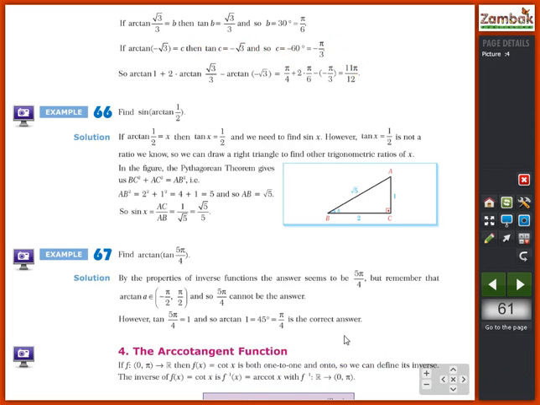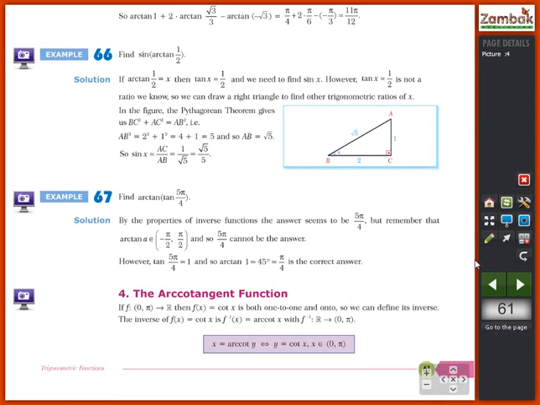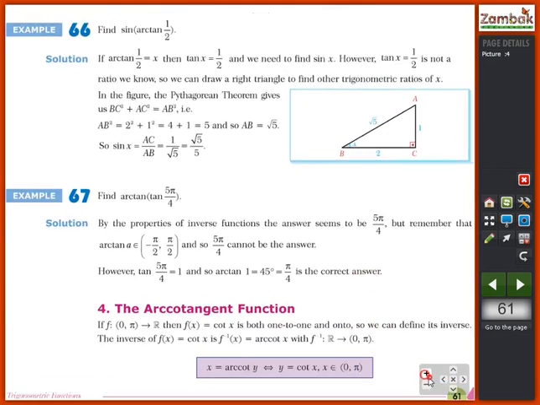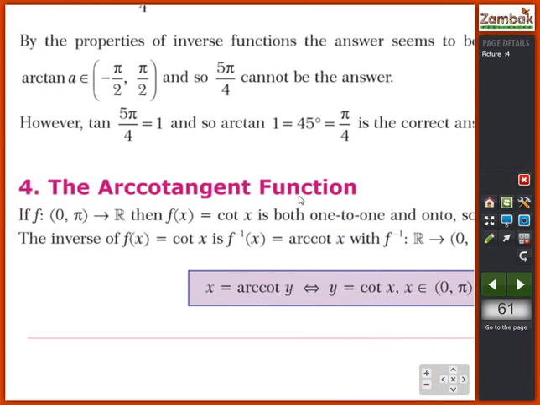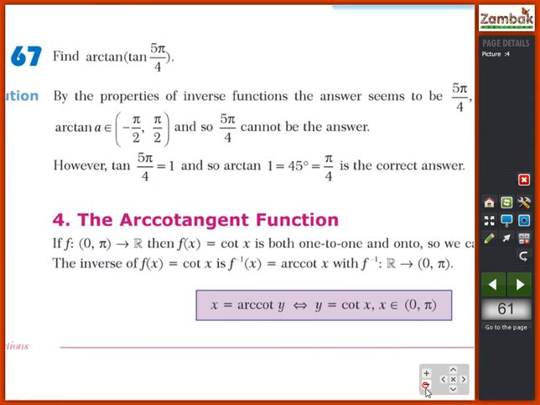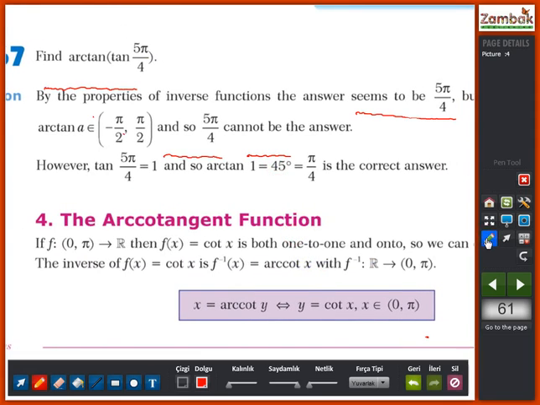Okay, now the next topic is arccotangent. Cotangent is the inverse of tangent's reciprocal, as you know. As you see here, we have this function. Also, we will limit the domain of the cotangent function because it's a periodic function.